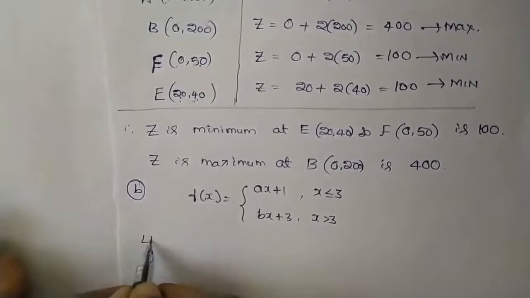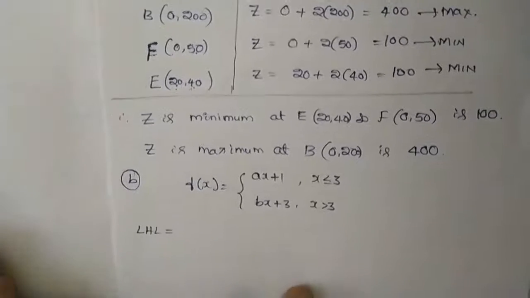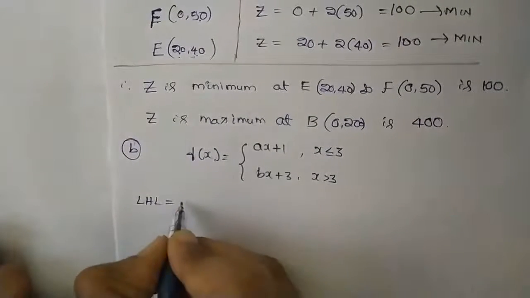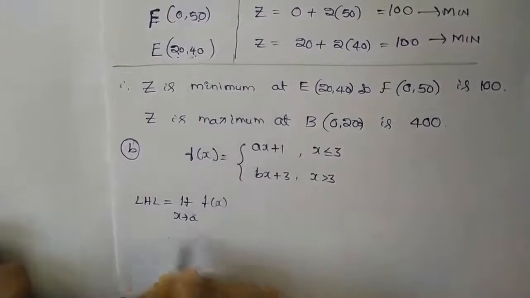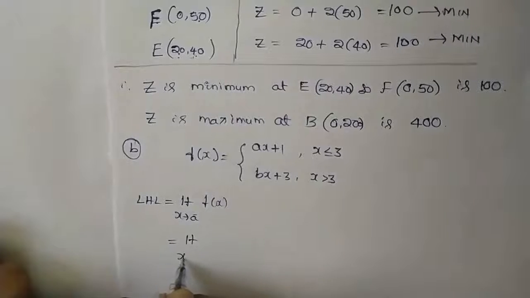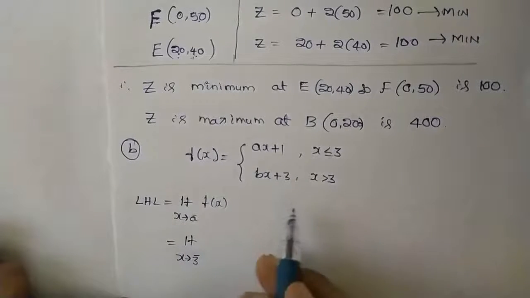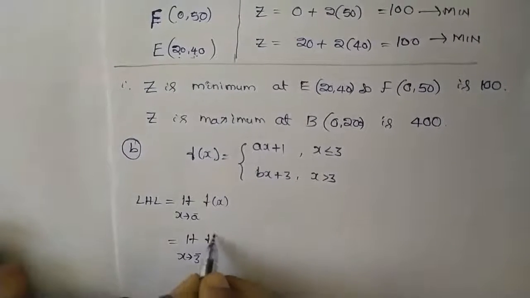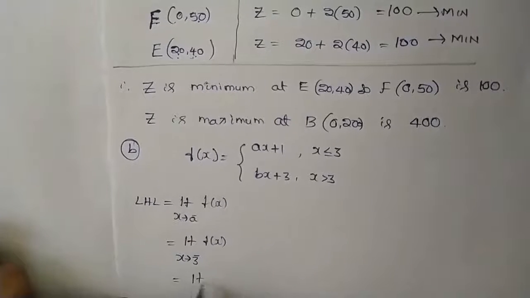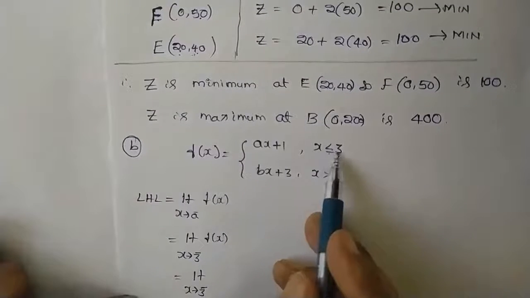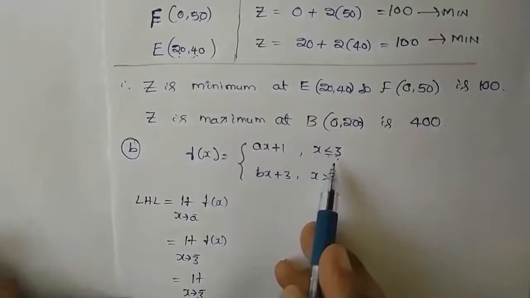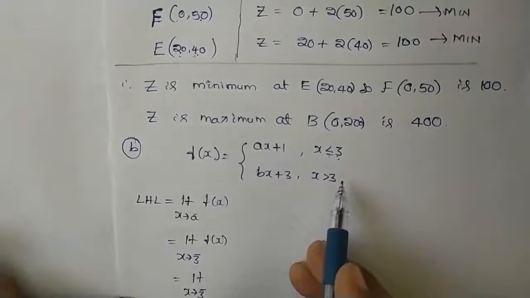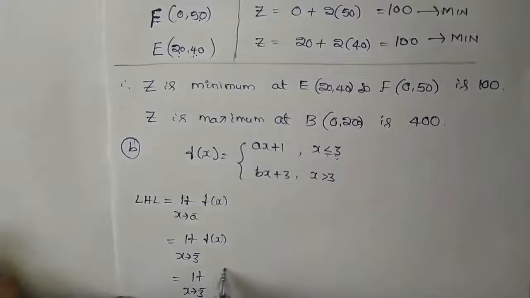First find out LHL, the left hand limit. What is the definition of the left hand limit? Limit x tends to a minus f of x, that is limit x tends to 3 minus f of x, where x is less than 3, so it comes to ax plus 1.